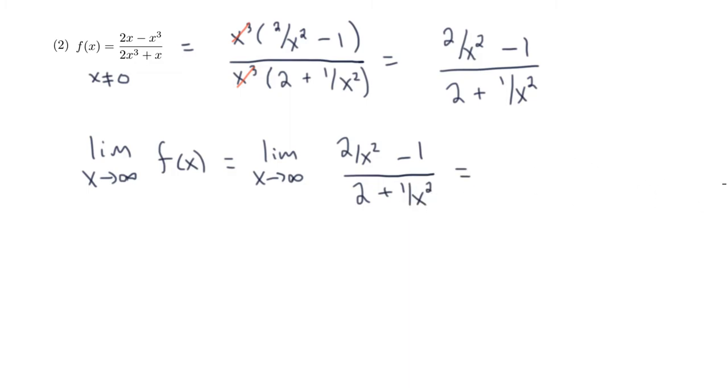But look at what happens to these reciprocal powers of x, here and here. They both go to 0. So what that means is I'm left with negative 1 over 2. How cool is that? So that means that we know the end behavior, at least as x goes to infinity.